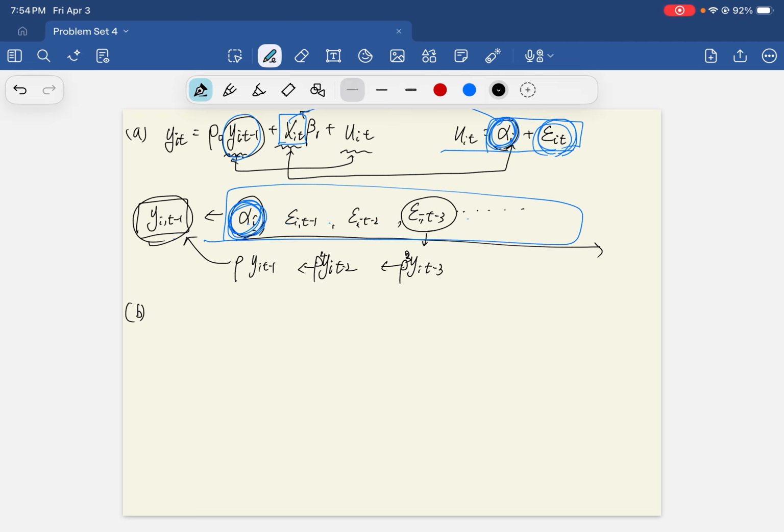Okay, the main problem is alpha. So we are going to take care of alpha by taking first difference.